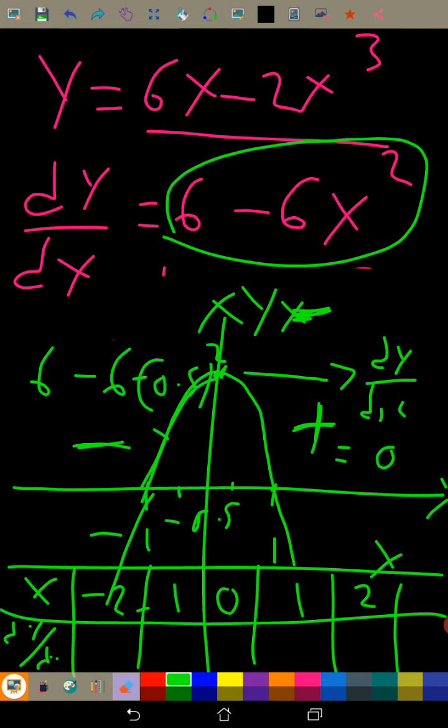When x is equal to minus 2, for example, you have 4 times minus 6, it's minus 24, plus 6 is going to be minus 18, so it's negative. At minus 1, it's going to be like that, and then it's going to start to increase, because at 0, the derivative is 6.